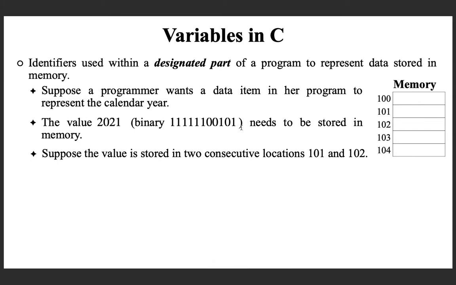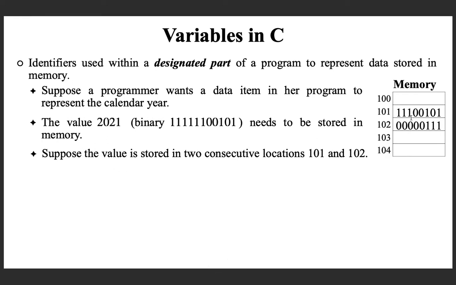Now suppose the decimal integer value is stored in two consecutive locations, say 101 and 102. Note that in the C programming language, typically the memory requirement for a decimal integer is 2 bytes. So we assume that these are the 2 bytes in which you are storing this value.